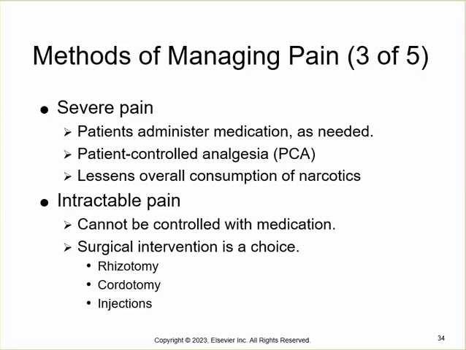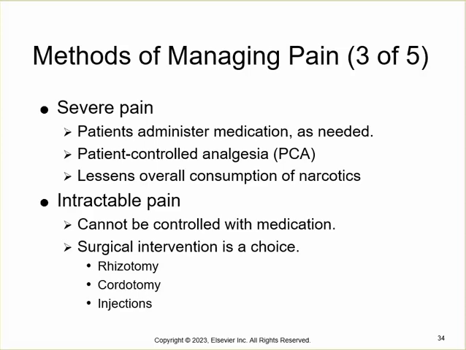Patient-controlled analgesia, PCAs, is when they push the button and get a bolus of medication, usually for severe pain, patient administered. The idea is that they only take the medication when they are feeling it, so they will use less. And the narcotics being addictive, you want to use less.